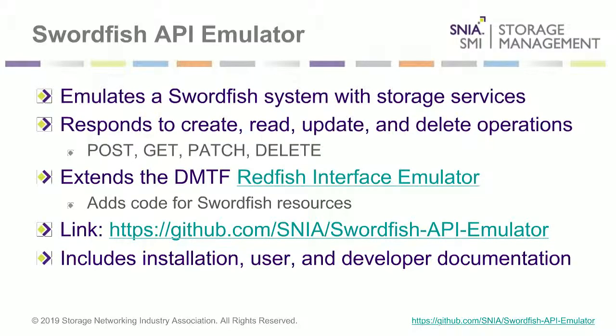Now, one of the things to know about the emulator is that it can act as a live system where everything is what we call dynamic. Dynamic resources in the emulator respond to all of these RESTful commands. It can also have some parts running as static resources. Static resources are read-only. In other words, they'll respond to get, but they will not do anything for post or patch.